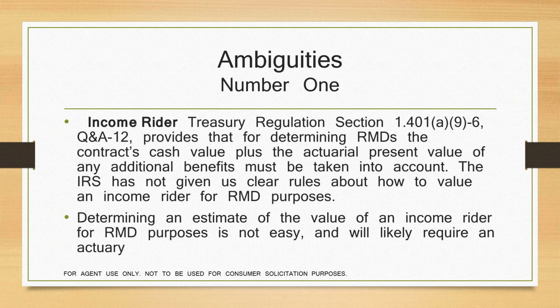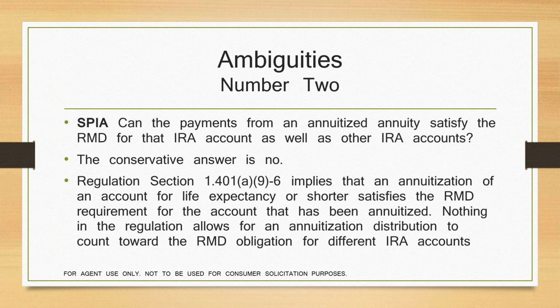In the past, my anecdotal experience is that some carriers simply ignored the value of the income rider in calculating RMDs for those 70.5 or older. I think that's changing in our business. You need to be aware of it. You need to check with your annuity carriers to find out how it is that they're taking the income rider into account for the purpose of calculating an RMD.